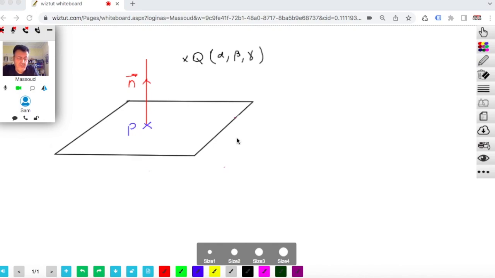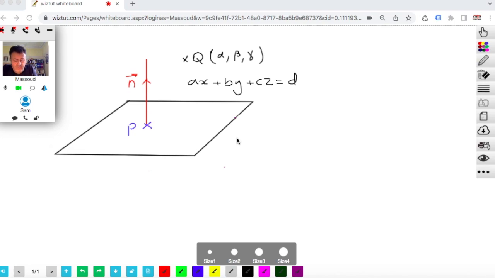I'm trying to find a general formula for the perpendicular distance of any point to the plane. So if we assume that the plane has an equation of ax plus by plus cz equals d, then let's choose a random point on the plane.